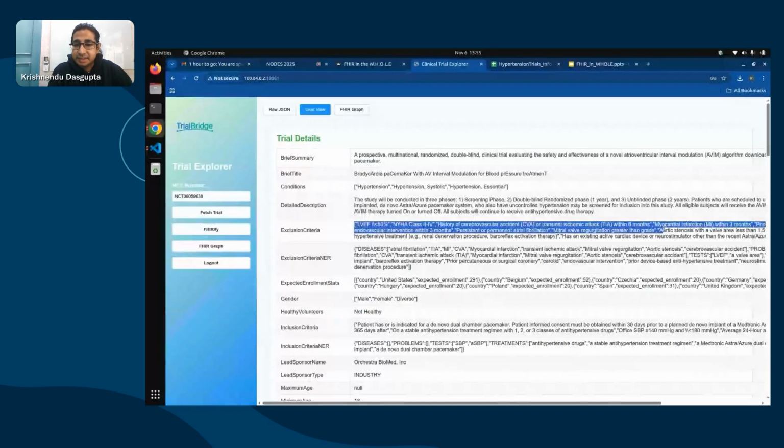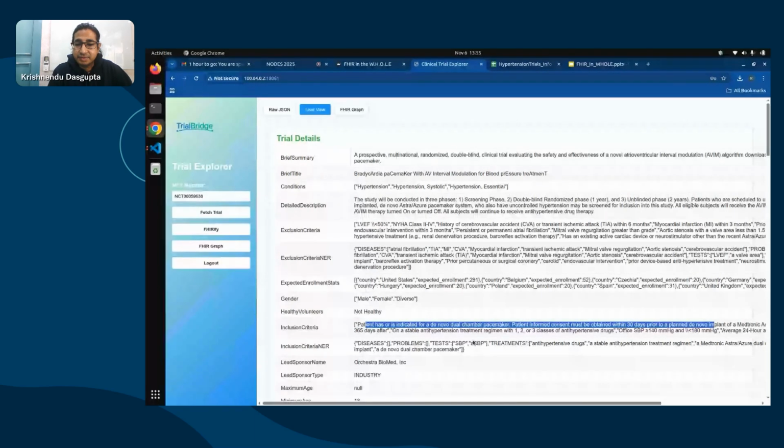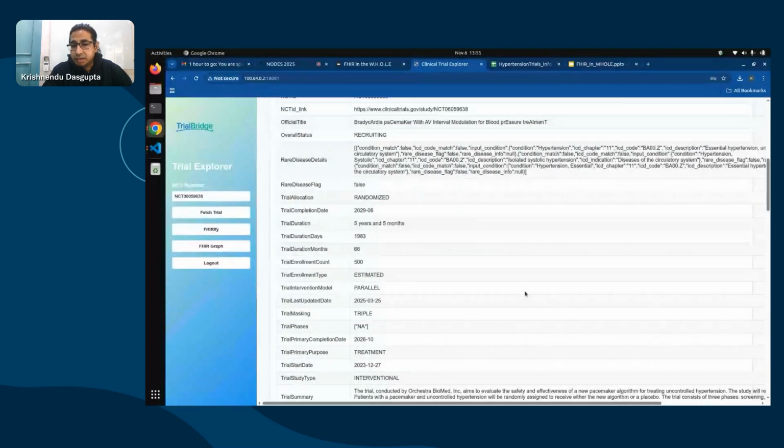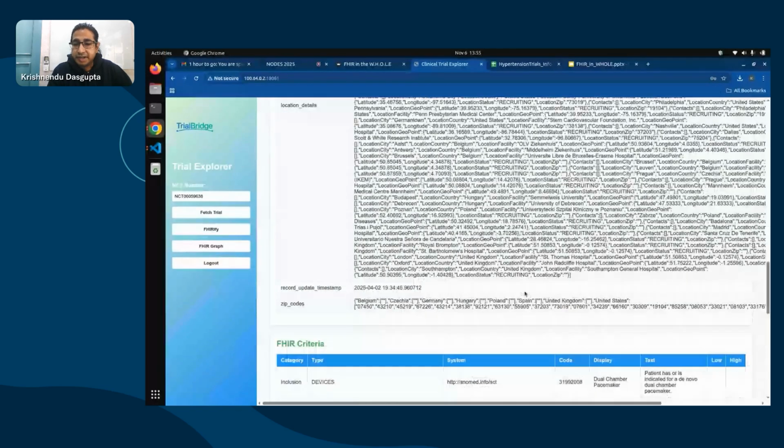If you look into this particular section, it is completely text format data. This entire thing is basically text, and it cannot be directly converted. For example, the SBP has to be greater than 140 and less than 180. How do you convert it into nodes and semantic noding?